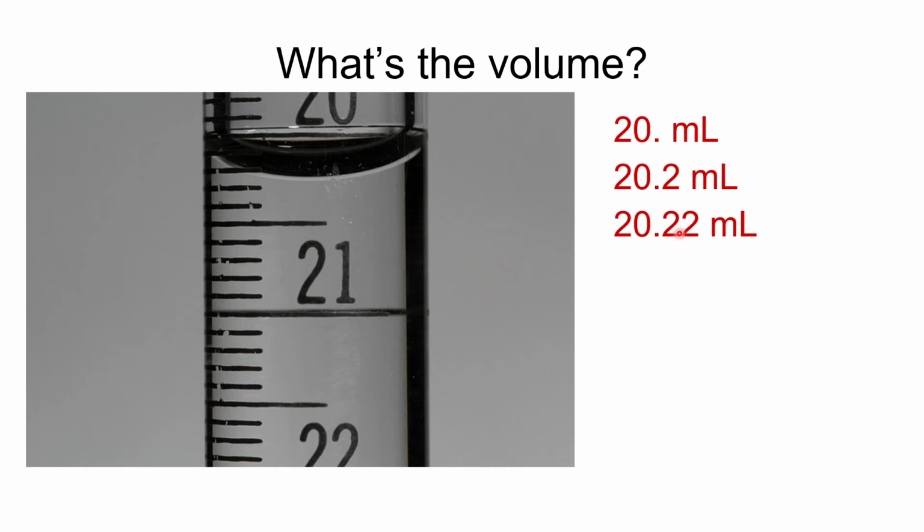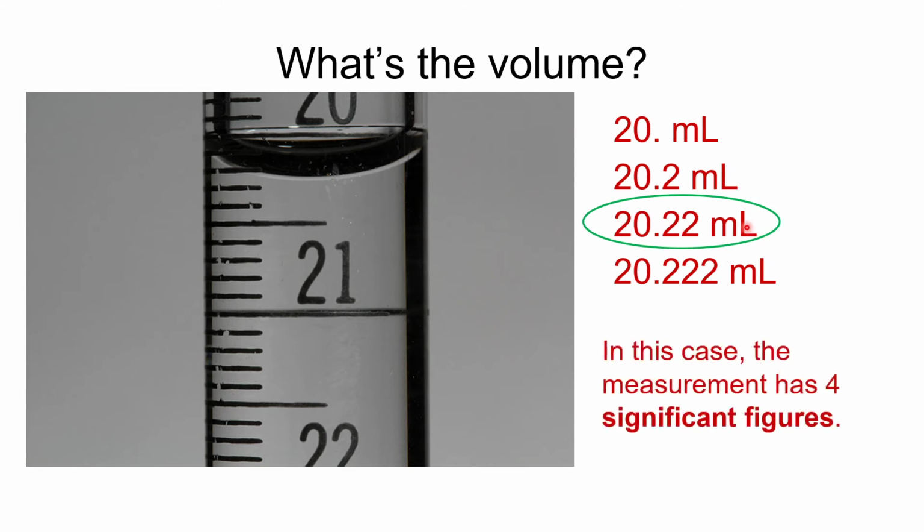Another person might look at it and say 20.21. I guess it just depends on how you read it. But 20.22 is the number I wrote. And if I tried to write more digits, that would indicate that I am just making stuff up. I don't want you to make stuff up when you're doing measurements in lab. So the best answer here is going to be 20.22. Since there are 4 numbers there, we're going to say there are 4 significant figures in that measurement.